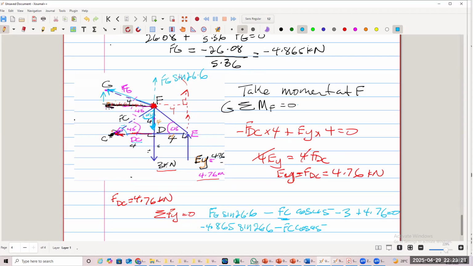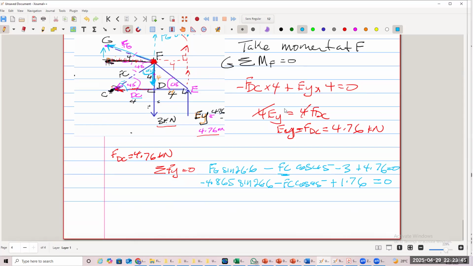This one down here works out to be what? The difference between 3 and 4.76 is 1.76. Am I correct there? Equal to 0. All right. What does this work out to be now?